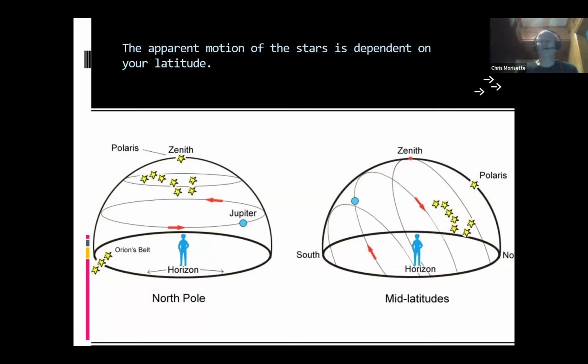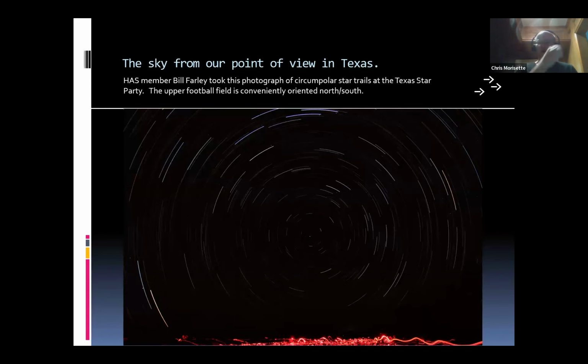The axis of rotation of that imaginary sphere will be from yourself up to Polaris. So you'll see the Big Dipper coming up and around and then down over the horizon. And that's going to be, for the most part, the large majority of the stars and constellations that you'll see at night.